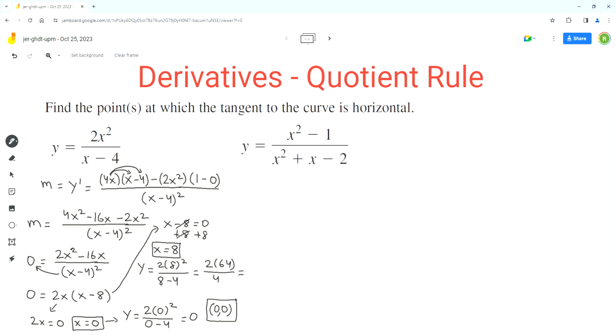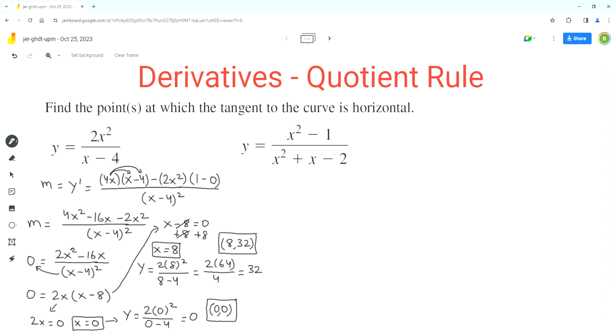So this is the y value for x equals 8. So now we can write the second point. The second point is 8 comma 32. So these are the 2 points for the first function where the tangent is horizontal.